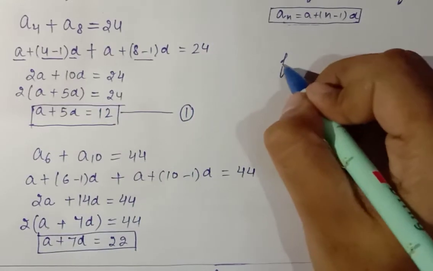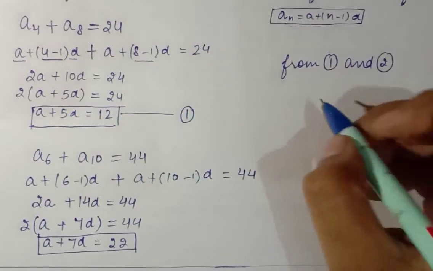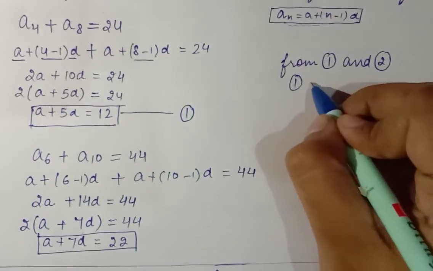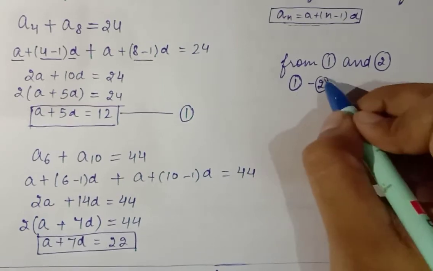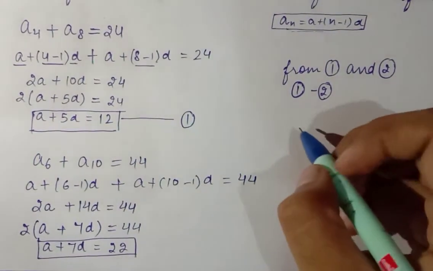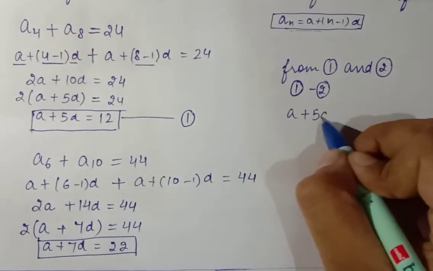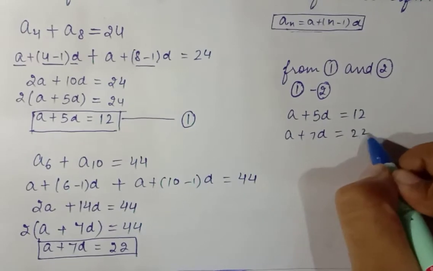Now from first and second equation, we have to subtract the second equation from the first equation. We get a plus 5d is equal to 12, a plus 7d is equal to 22.